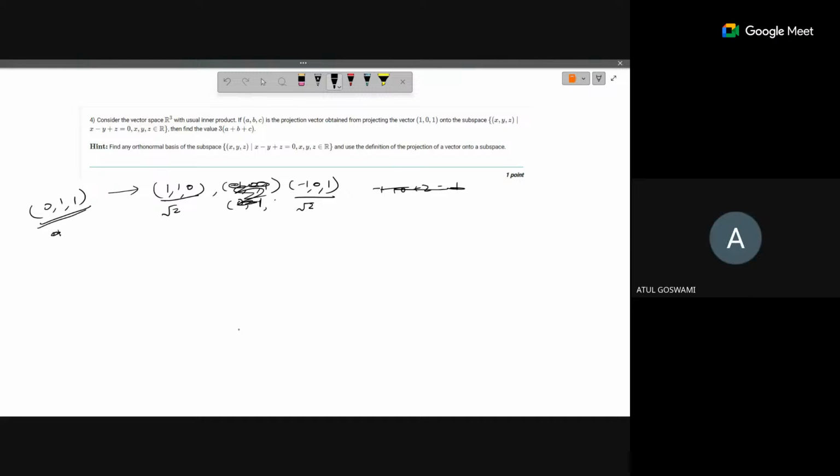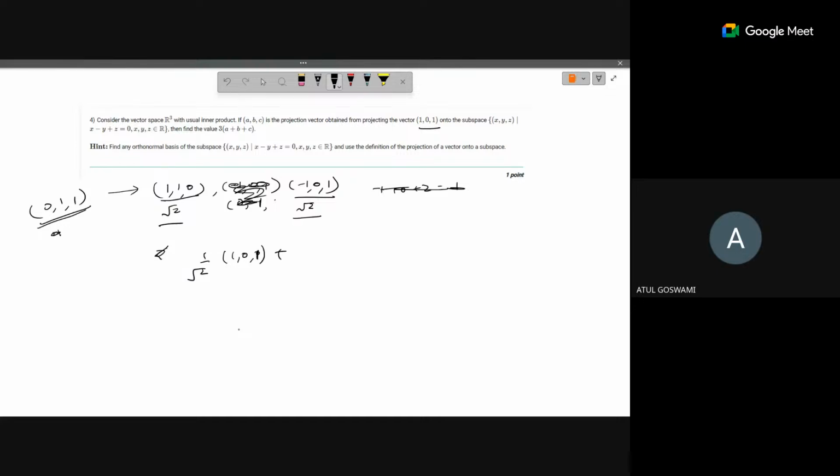Because now you have these two vectors, your task is very simple. You just project on this first vector. In a similar way, you just take the dot product. So I'm directly taking the dot product with this, which is 1 0 0. So 1 by root 2 for the first one, multiplied by the vector.